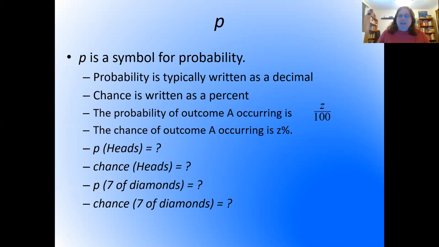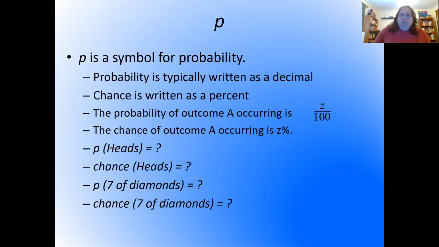The chance of getting heads versus tails is 50%, right? 50% of the time we'll expect, though it doesn't have to work out this way. That's the thing about probability. It's all about chance. It's all about maybe what will happen, right? So chances are 50% of the time we'll get a heads.